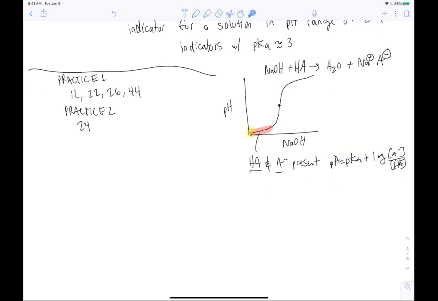So what you're looking for with the Henderson-Hasselbalch equation is, at equilibrium, or maybe the right way to say it is after neutralization, the question you're asking yourself: do I have an acid-base conjugate pair?